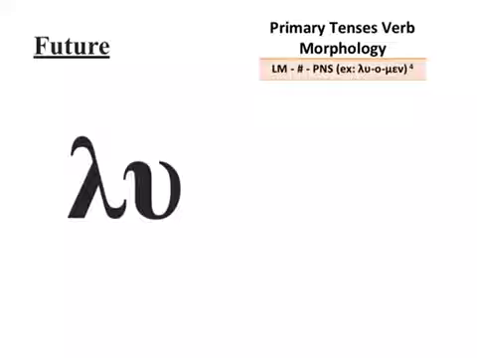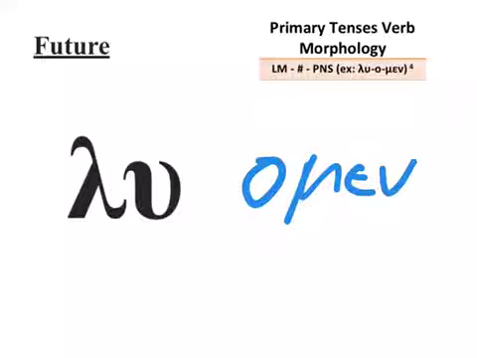We have the neutral morpheme, which is omicron, right? And then we have the men, which is the person number suffix. Now you want to know how easy future is? Put a sigma. So the sigma is going to be your clue on future. Make sense?